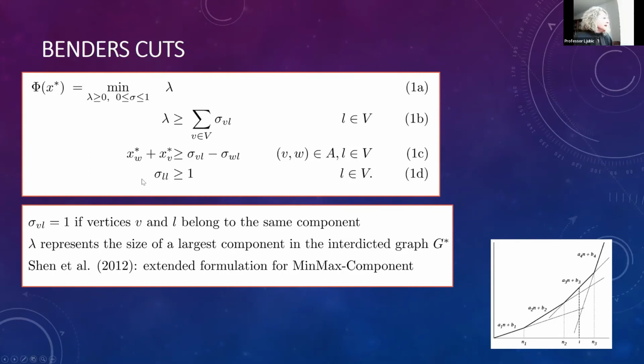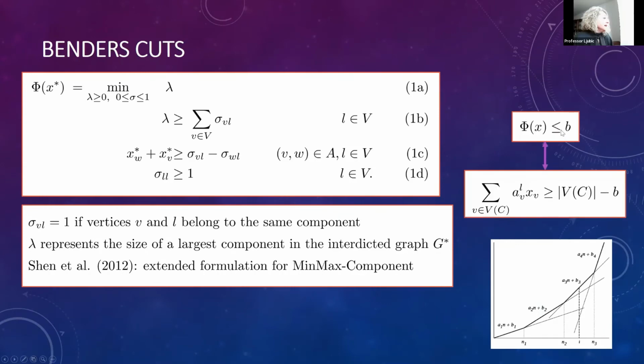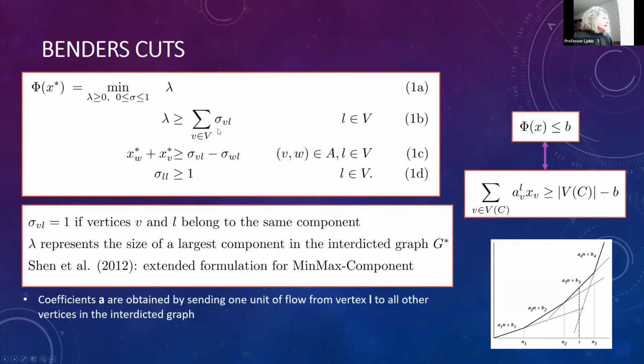And so we can again replace our cuts, phi of X less or equal than B, with a different type of constraints, where these coefficients come from the dual, defined by the extreme points of the dual of this LP.